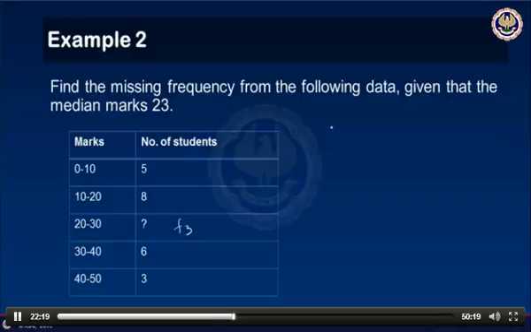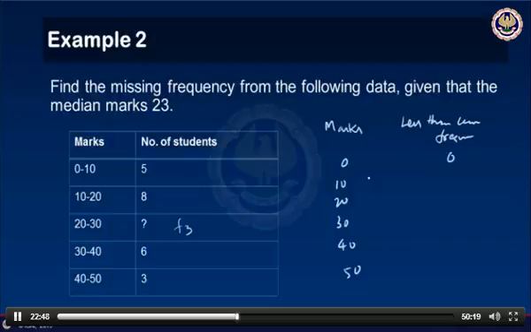First we have to compute the mass and the less than cumulative frequency. First we assume the data 0, 10, 20, 30, 40 and 50, and in that way we assume the less than cumulative frequency categories.